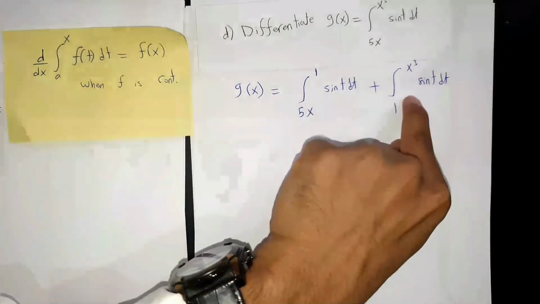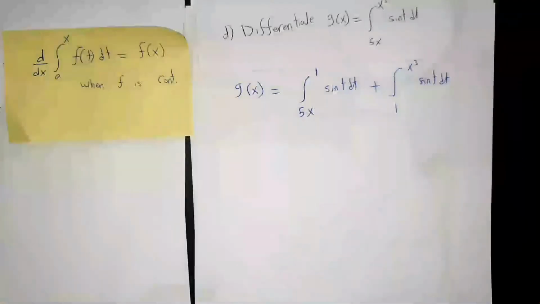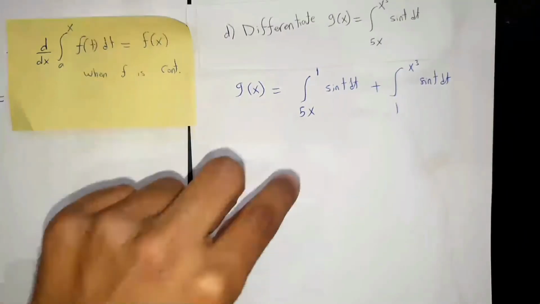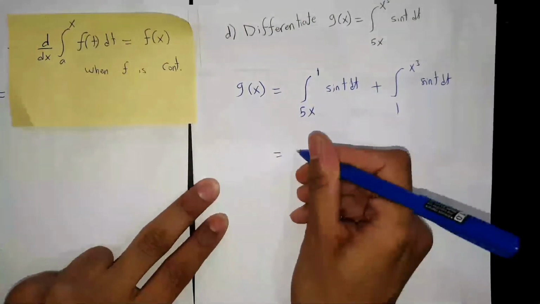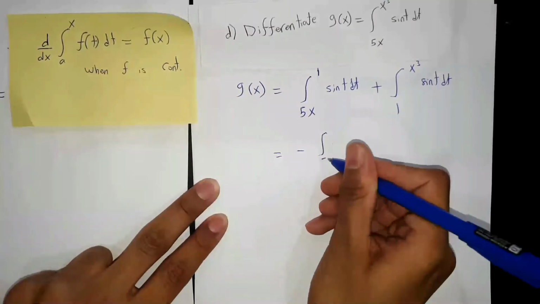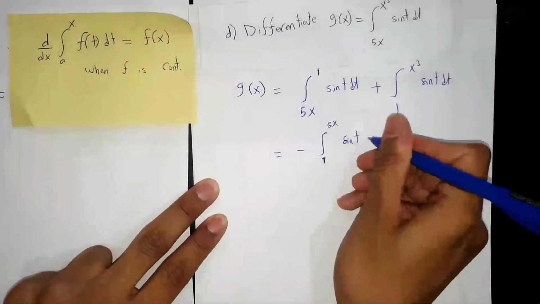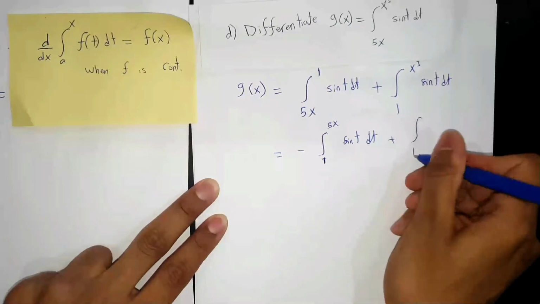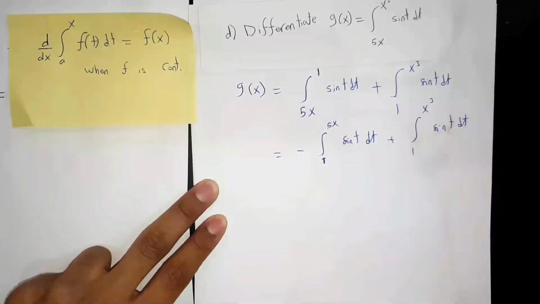Now, this integral is in the standard form, but this one is not in the standard form. So what shall we do? We just multiply by minus this integral only. So we get the integral from 1 up to 5x of sine t dt, plus the integral from 1 to x cubed of sine t dt.